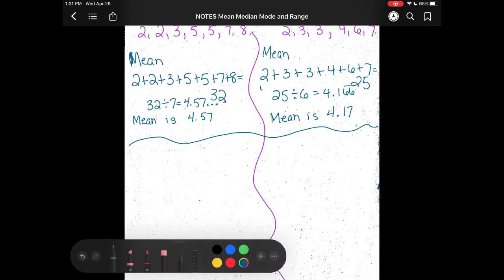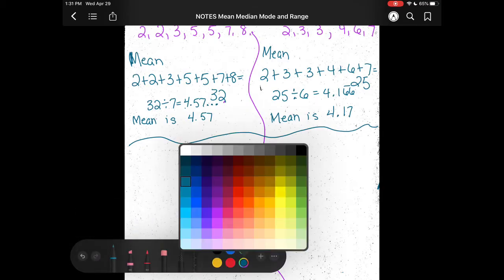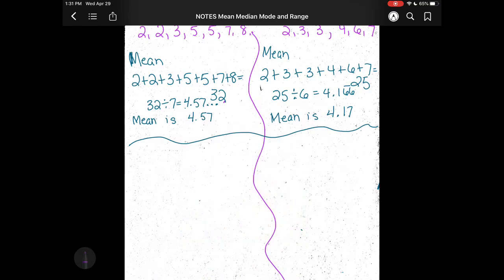So after mean, let's do the median. And remember, median equals middle.